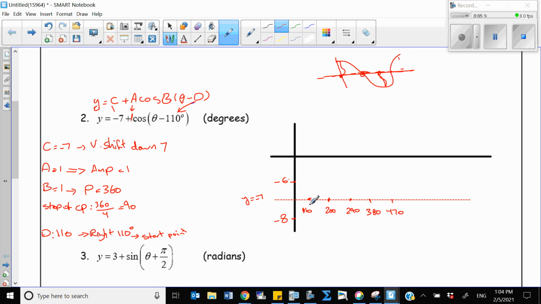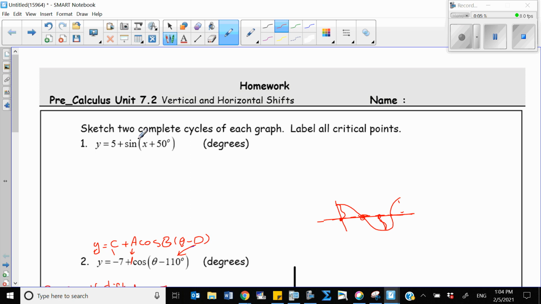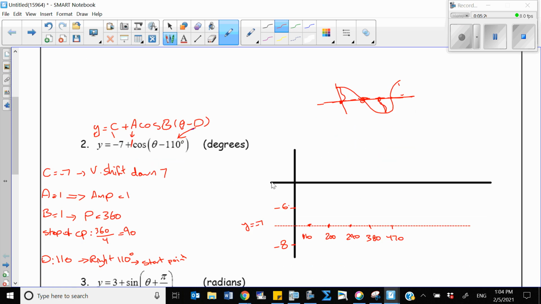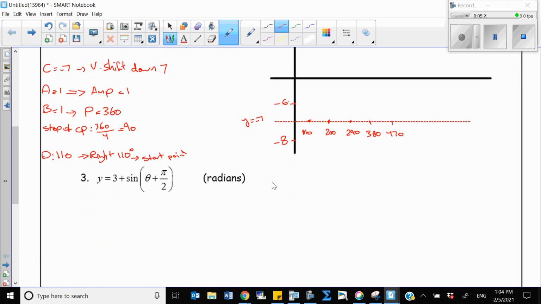So this is for one cycle, but the question is asking us to sketch 2 complete cycles. So I need to go forward and do 4 more of these. I'm going to add 90 to this. It's 560. I'm going to write the second cycle with another color to show that we are starting the second cycle.